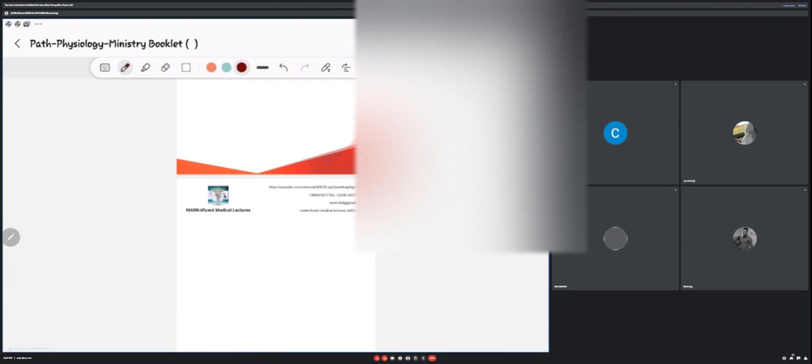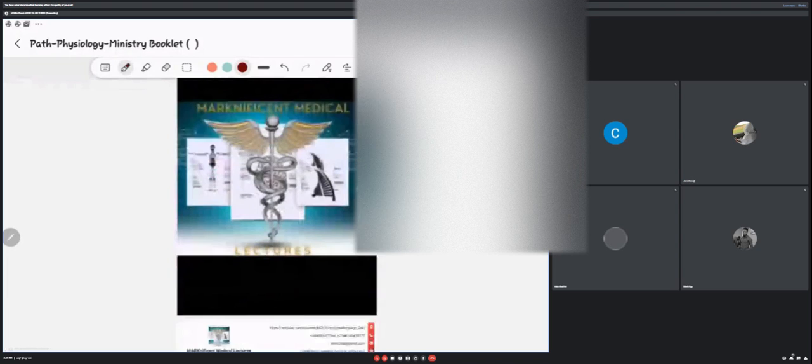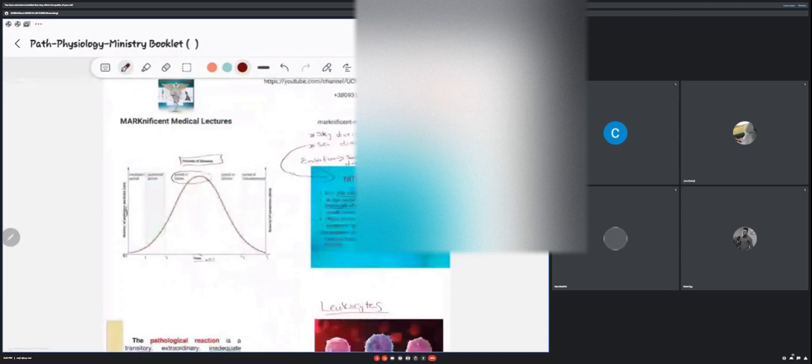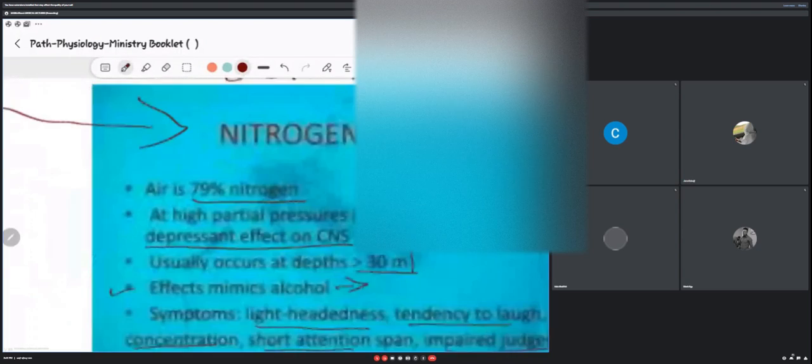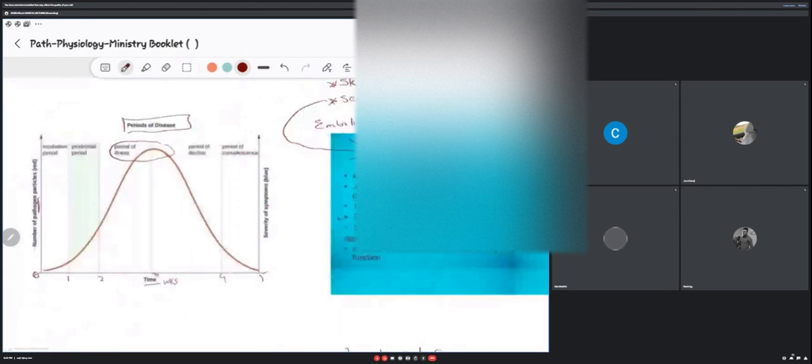Let me write it there quickly. Caisson disease. Okay.